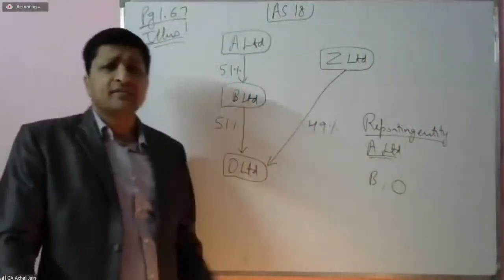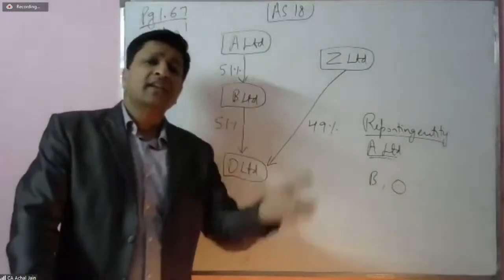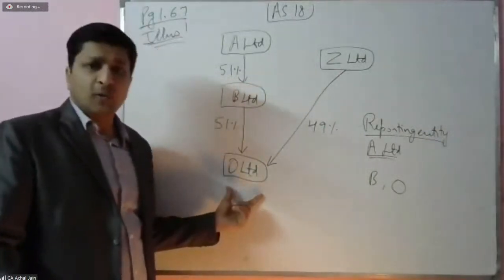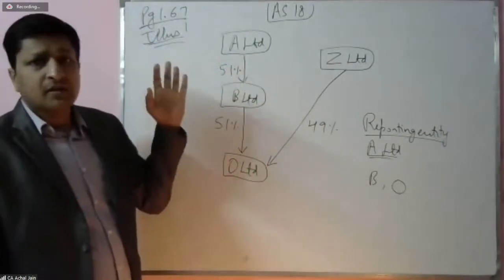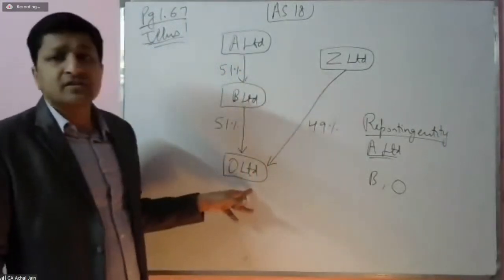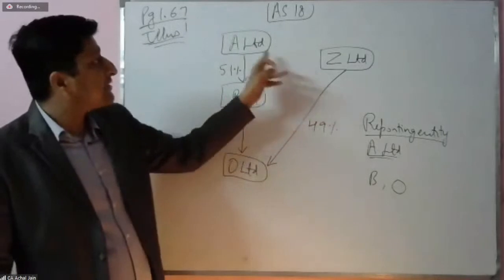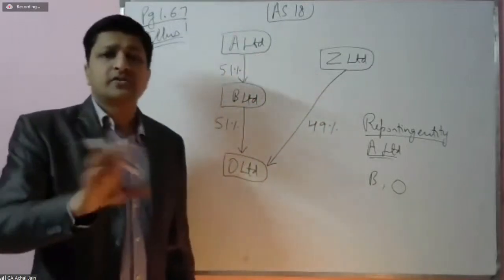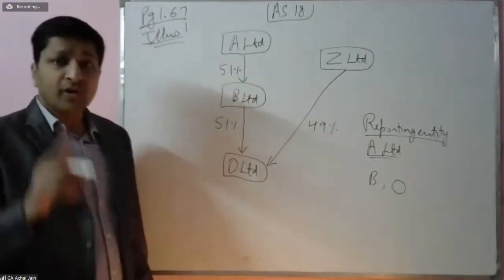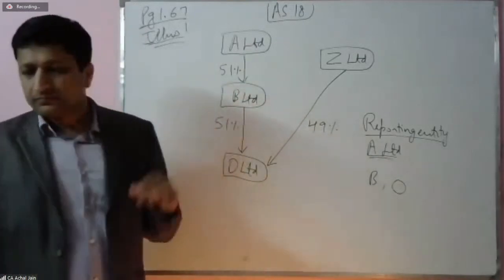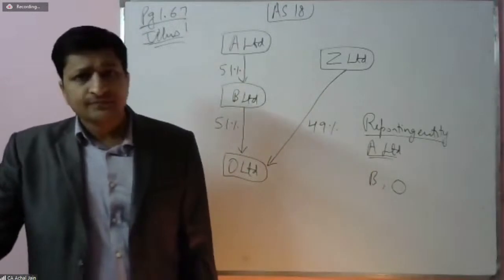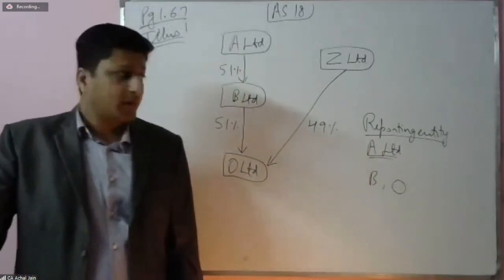If we look at Z, Z is another investor who has invested in O, similar to what B has done. So just by having investment in O, can we say that Z will be related to A? The answer is no. So for A, the related parties are B and O. Clear on this?